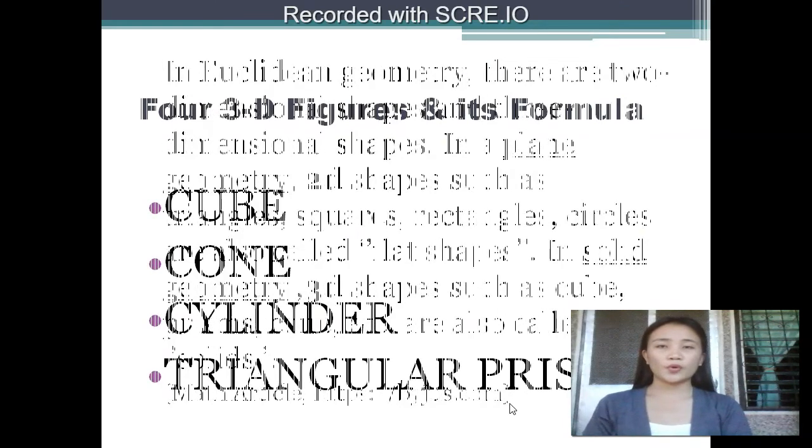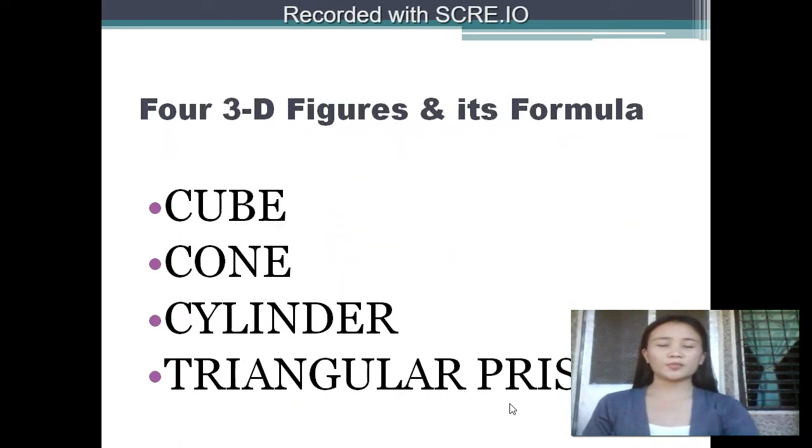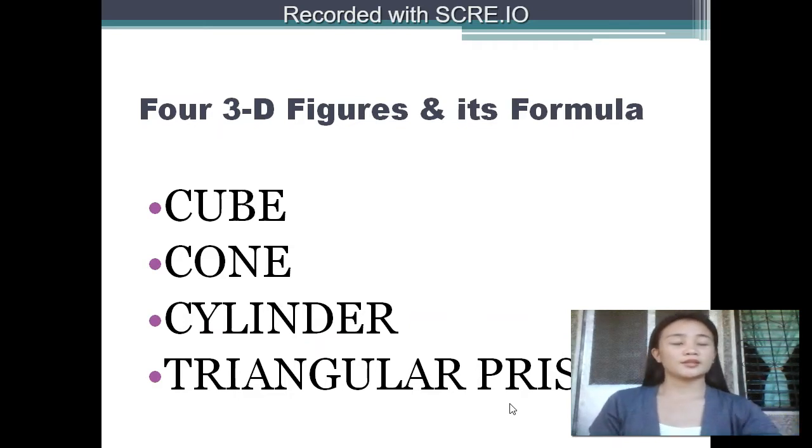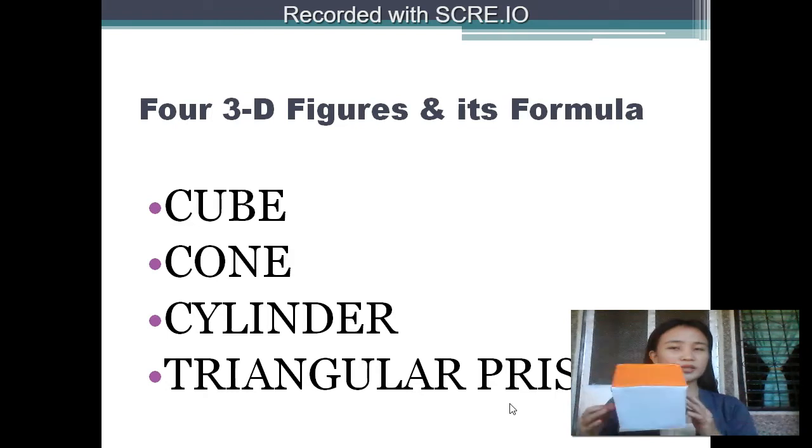So the four figures that I'm going to present to you now, including its formula with example and its solution. First is the cube. Here is the sample figure of the cube. This one.